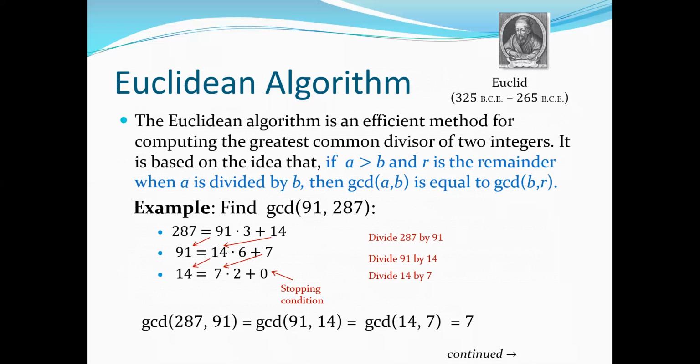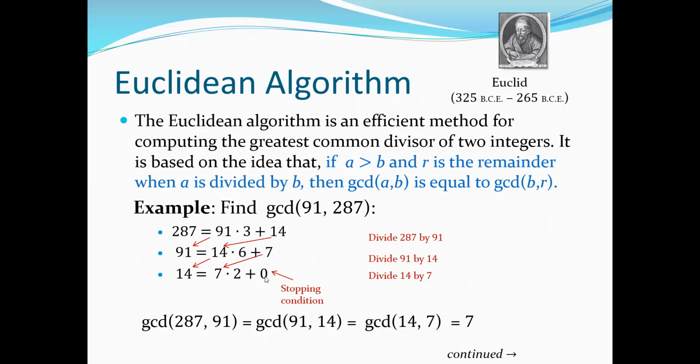And we're going to repeat what we have done. Now 14 will be your new dividend, and your new divisor is 7. So 14 is equal to 7 times 2 plus 0.